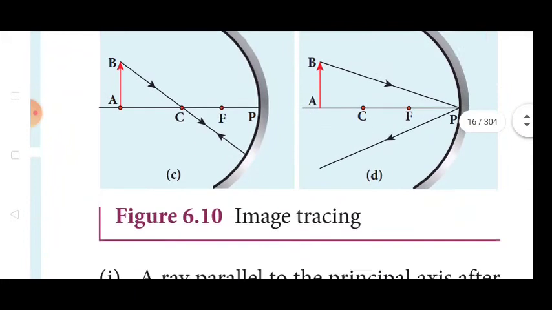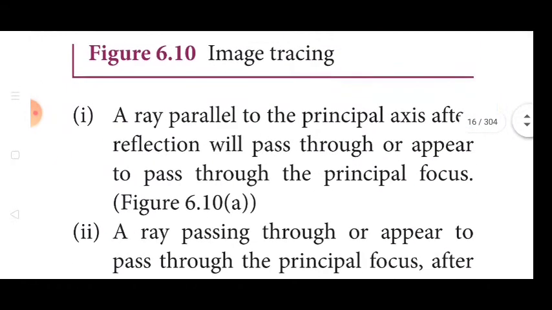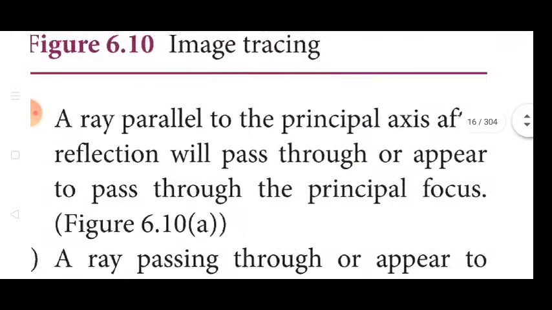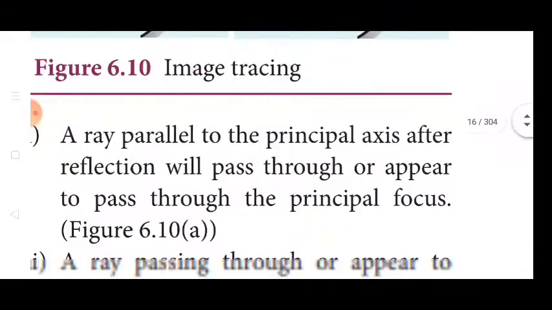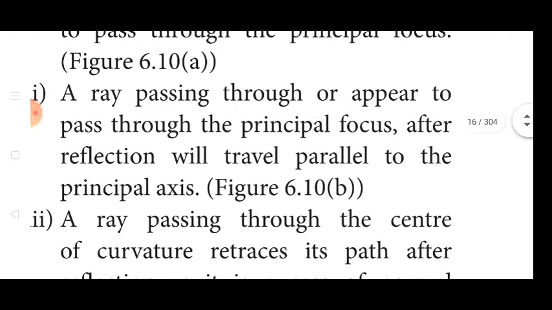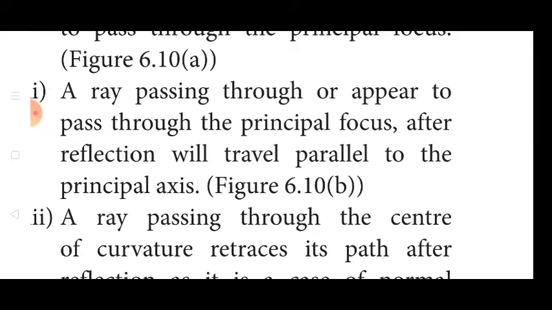Now, first point. What says the first point? A ray parallel to the principal axis after reflection will pass through or appear to pass through the principal focus. Point 2. A ray passing through or appearing to pass through the principal focus after reflection will travel parallel to the principal axis.